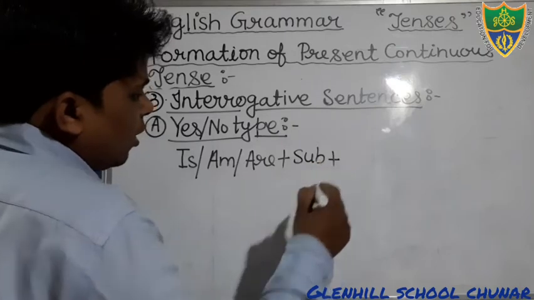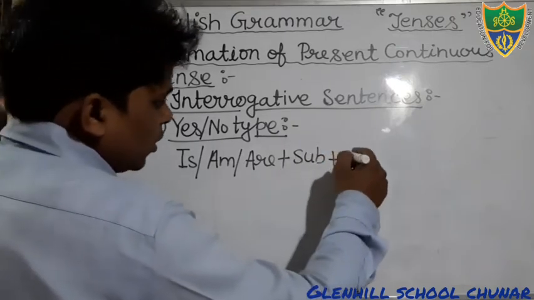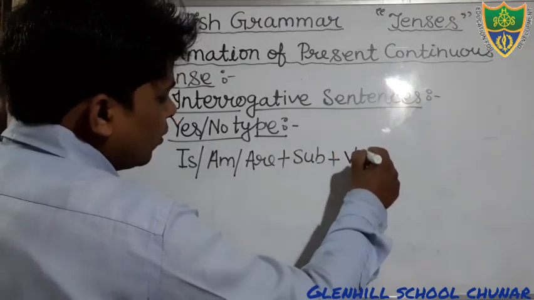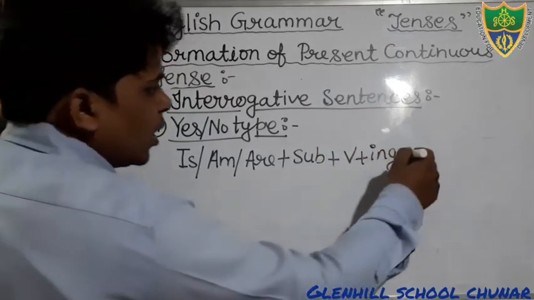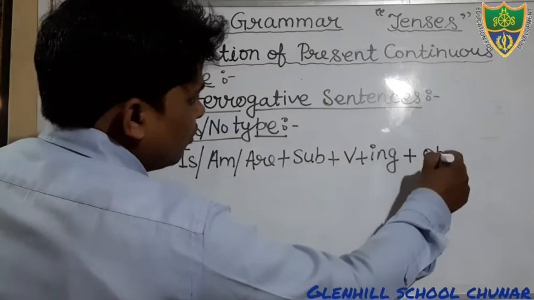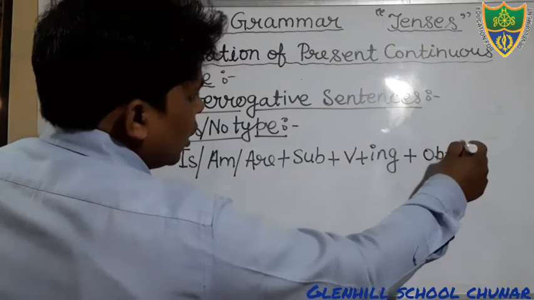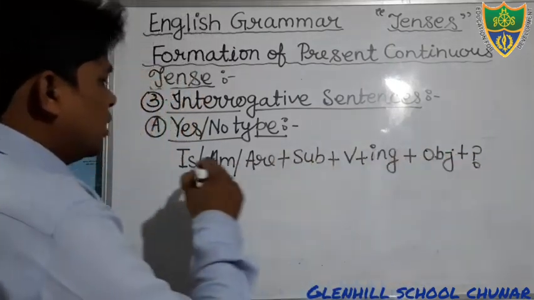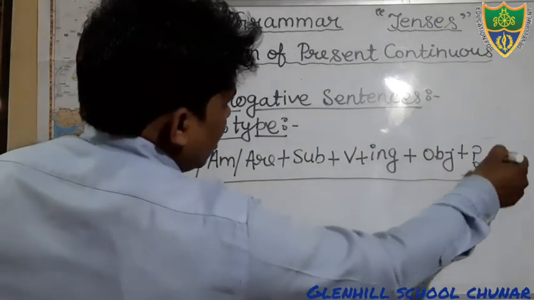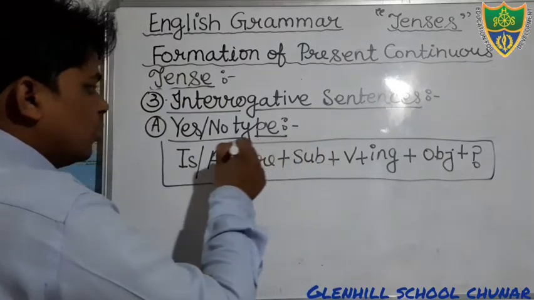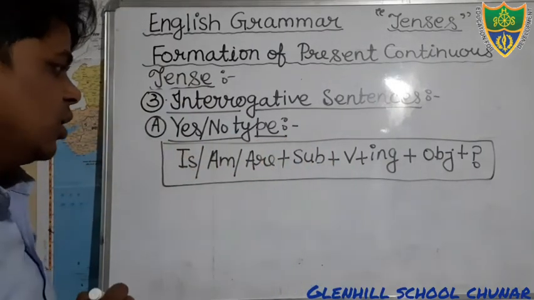Then after we will use the verb. In the verb we will add ing. Then after we will use the object. Then after, question mark. Let's see here, this is your structure. On the basis of this structure you will construct the sentences.